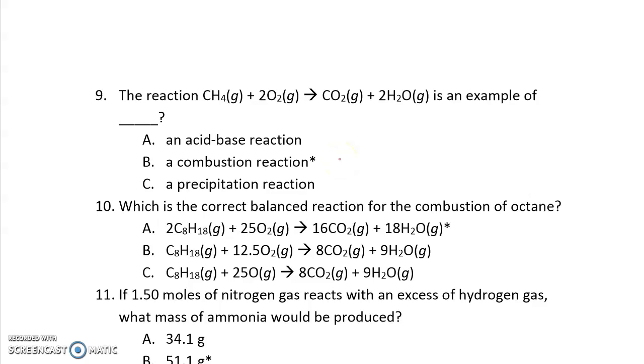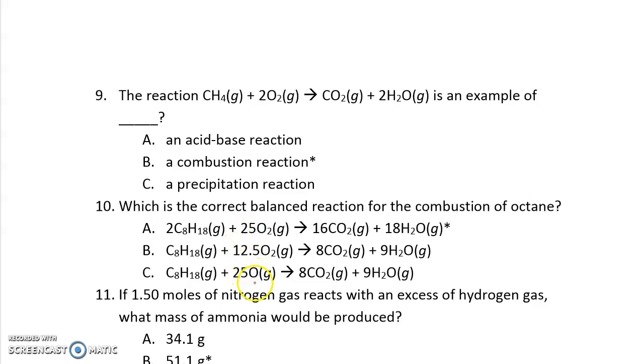All right, let's look at number 10. Which is the correct balanced reaction for the combustion of octane? That means which one is reacting with oxygen and produces carbon dioxide and water? So this one, yes, they start with C8H18. Yes, okay. React with oxygen.